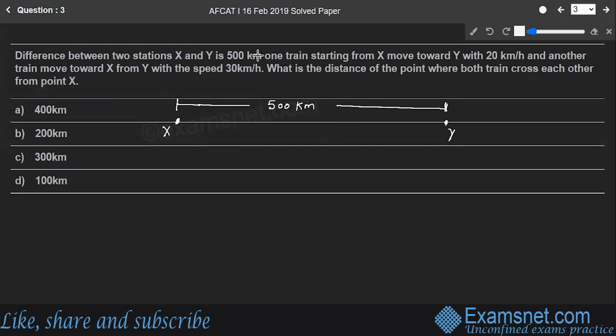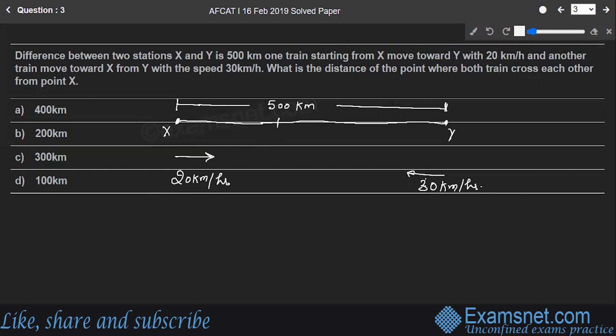Now, one train from X moved towards this. So one train is moving from X towards this at 20 kilometers per hour. And another train is moving from Y towards the X with the speed of 30 kilometers per hour. What is the distance of the point where both trains cross each other from X? So now I'll say suppose they cross each other at, wait, let me join X and Y positions.